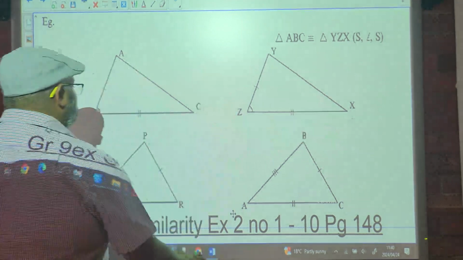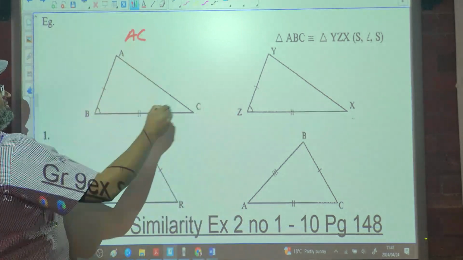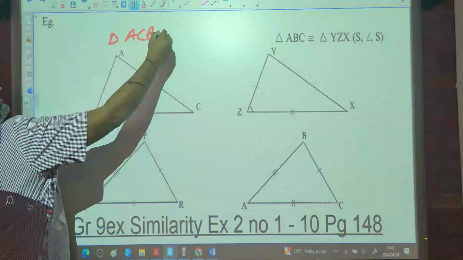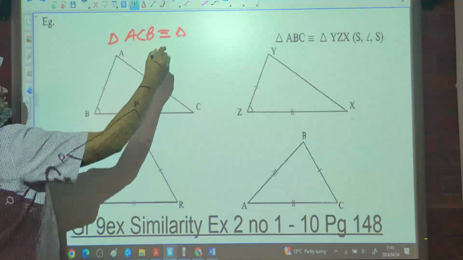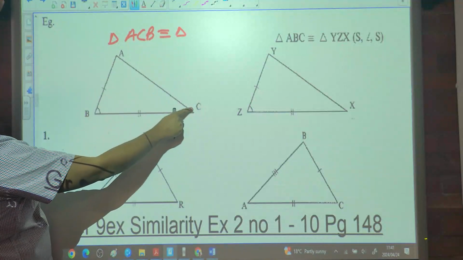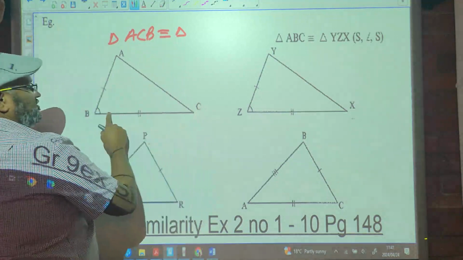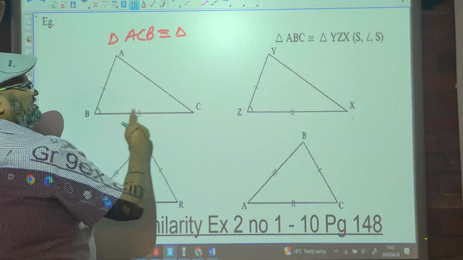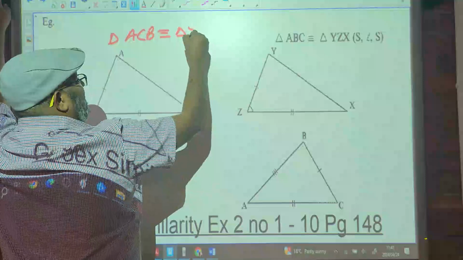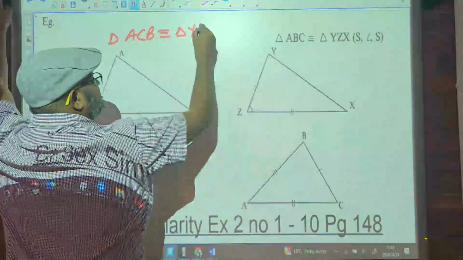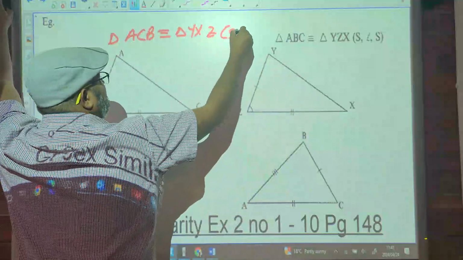So if you had maybe gone with ACB, then you're going to say it's congruent to triangle YXZ, side angles, because A goes through the unmarked length and then through the 2.